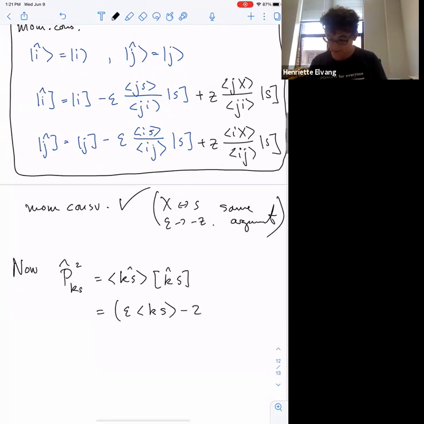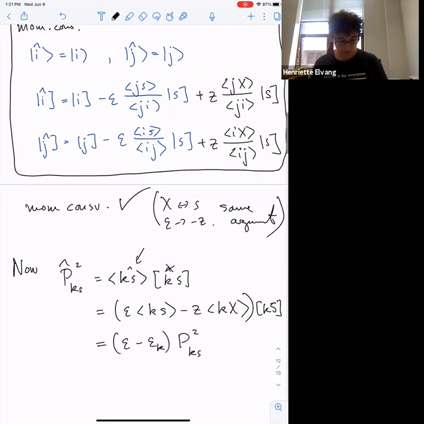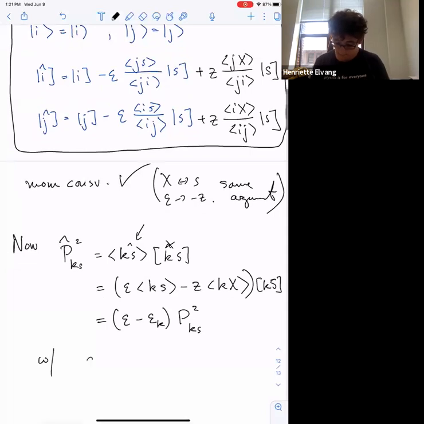But now there's the term that depends on z that comes from the shift in s hat, and that will now have k times x, and this multiply ks, because I can also remove the hat there, because it's dotted into s. And now I can write this as epsilon minus epsilon k times pks unshifted squared, where epsilon k is z times kx divided by ks.